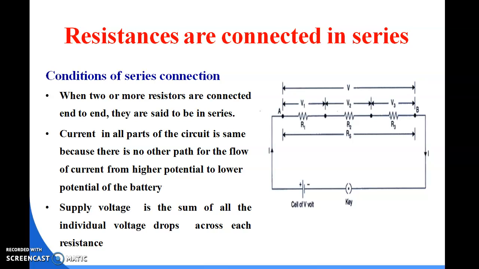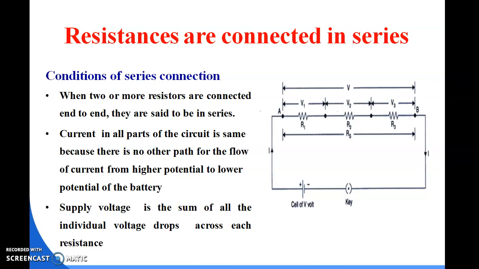That means when two or more resistors are connected end-to-end, then they are said to be in series connection, or a series connected system. Current in all parts of the circuit is the same because there is no other path for the flow of current from higher potential to lower potential of the battery.